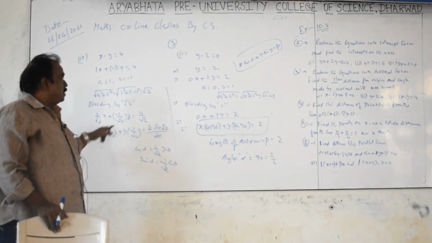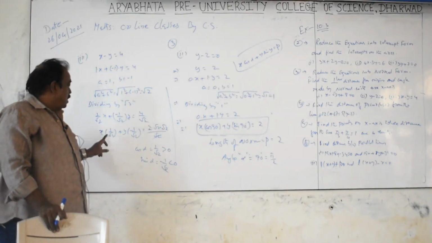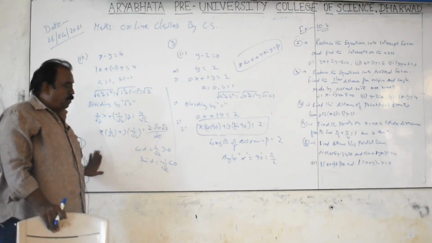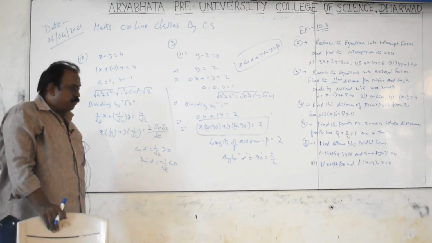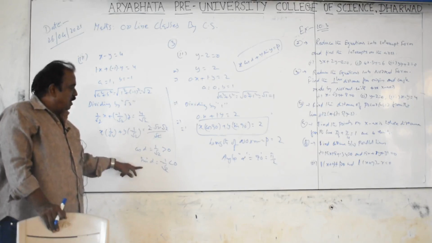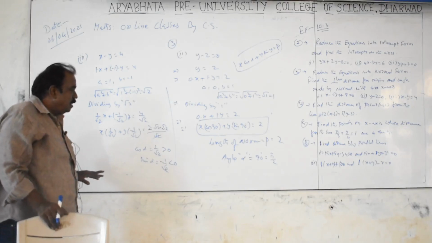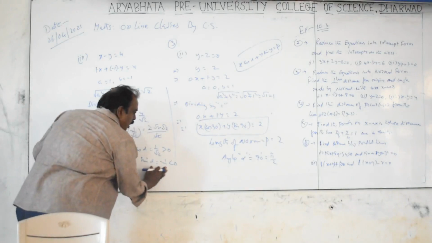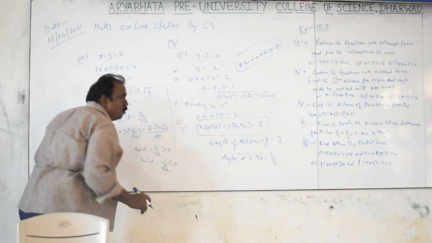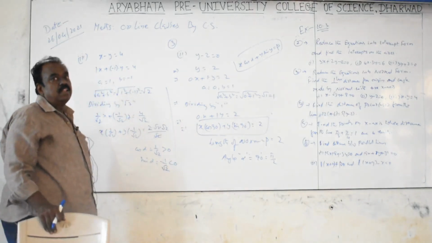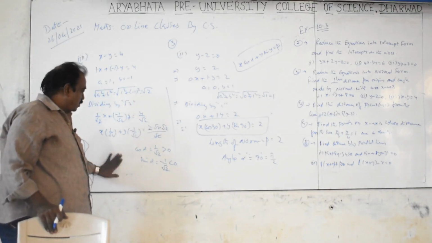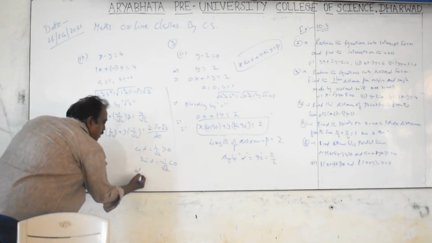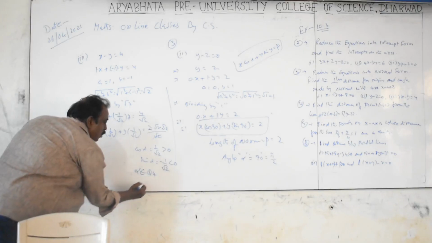Cos alpha is 1 by root 2, positive. Sin alpha is minus 1 by root 2, negative. Cos positive, sin negative: when is it possible? Not in the third quadrant, it is in the fourth quadrant. Alpha must lie in the fourth quadrant.